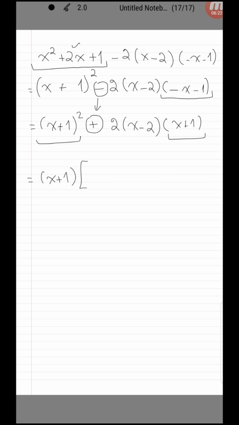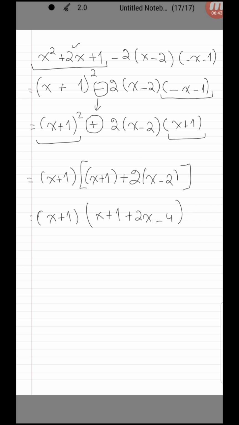I open brackets, x plus 1 squared divided by x plus 1 is x plus 1, plus 2x minus 2, x plus 1 and x plus 1 they cancel, equals x plus 1 times x plus 1 plus 2x minus 4, equals x plus 1 times 3x minus 3.